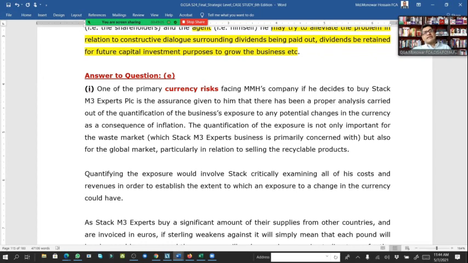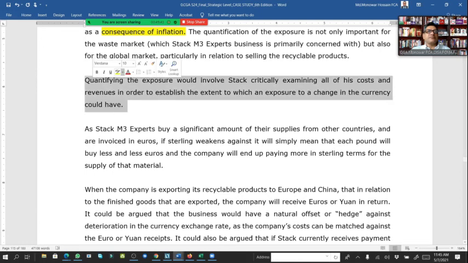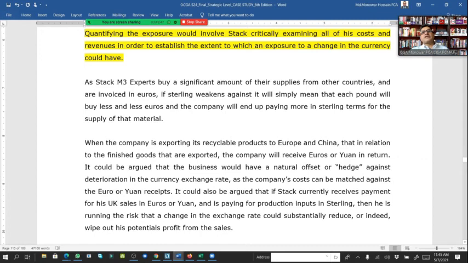So one of the primary currency risks facing MMA's company, having decided to buy a stake in M3 Expert, assuming a proper analysis has been carried out, is the quantification of the business exposure to any potential change in currency as a consequence of inflation, etc., and quantifying the exposure against the cost of revenue in order to establish the exposure the currency could have, and also the significant amount of suppliers from countries involved in the euro.